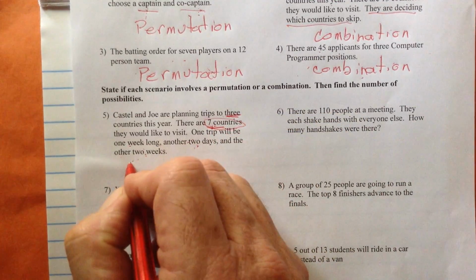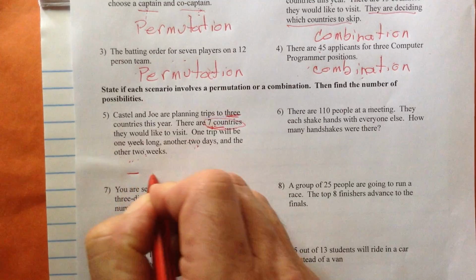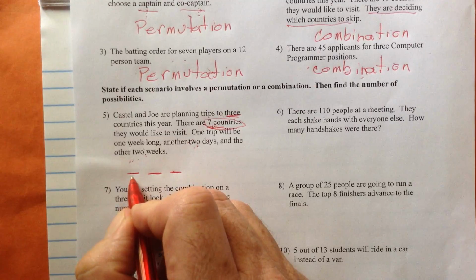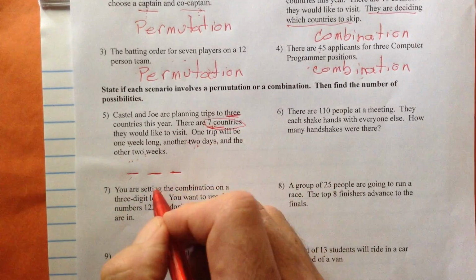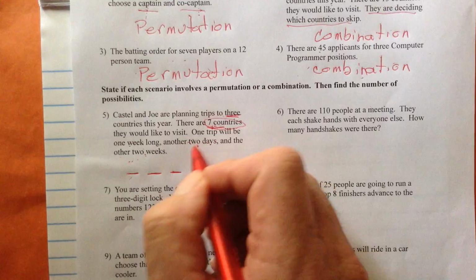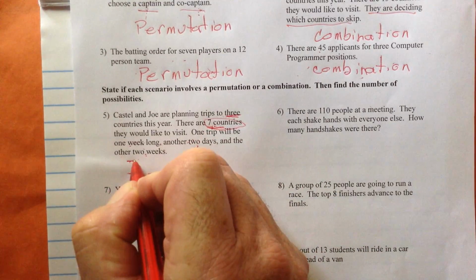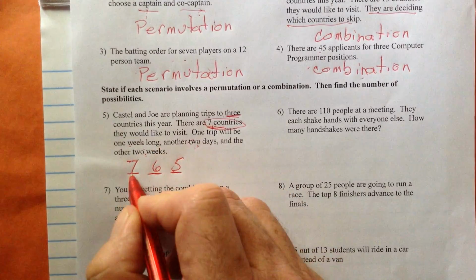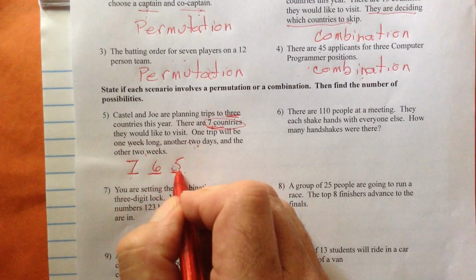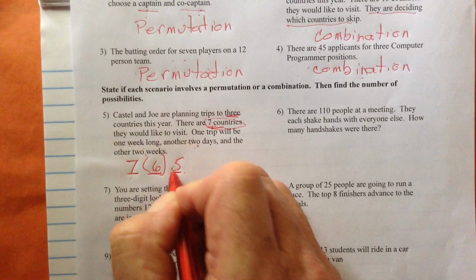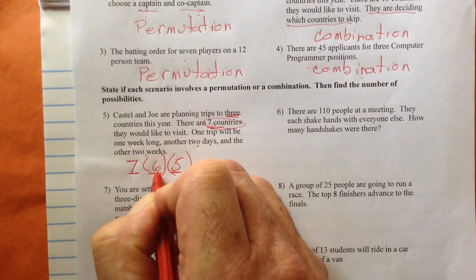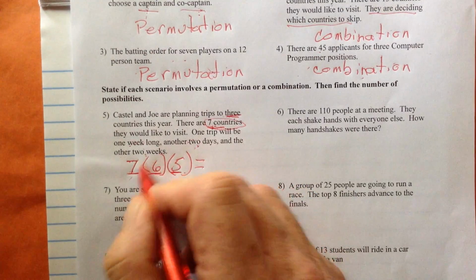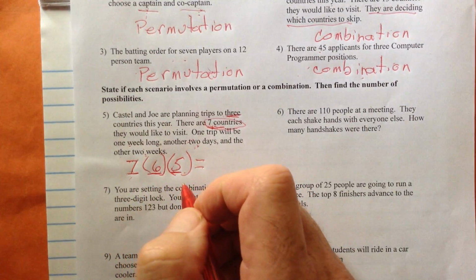Okay, so I have 1, 2, 3 countries that I need to choose. Since my set is 7, I go 7, 6, and 5. I have 3 choices, so I go 7, 6, 5, and you multiply these. You go 7 times 6 times 5, and that will tell you how many permutations you can produce.